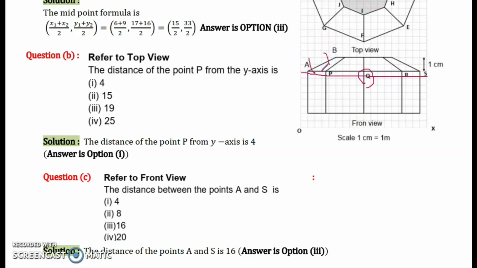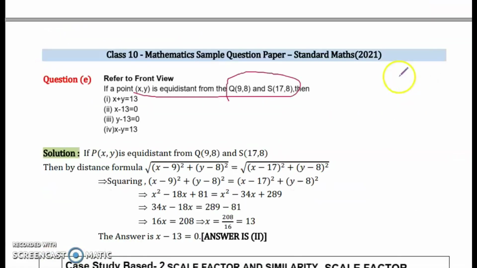The y coordinate remains the same. At A, what is the y coordinate? It is going to be 8. Automatically, for A, P, Q and S, the y coordinate will be 8. Therefore, with that understanding, Q is 9 comma 8 and S is 17 comma 8.